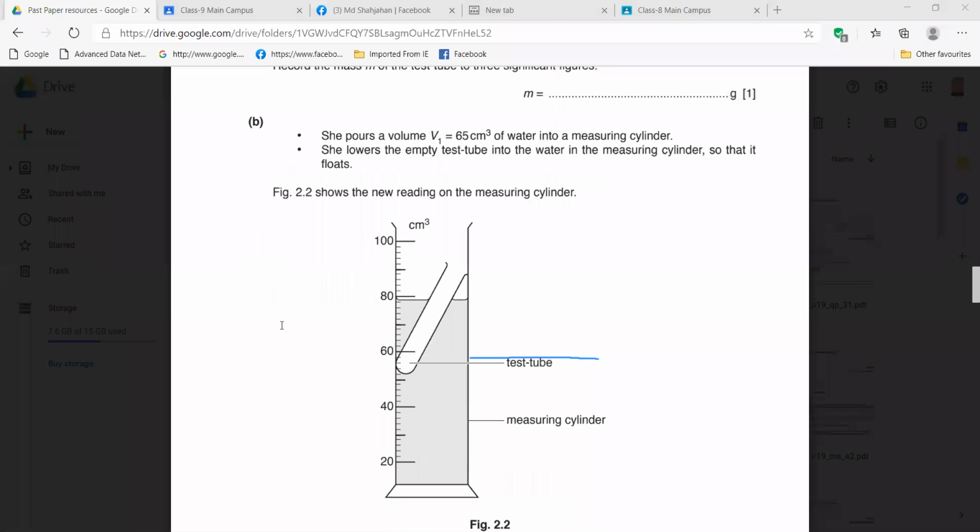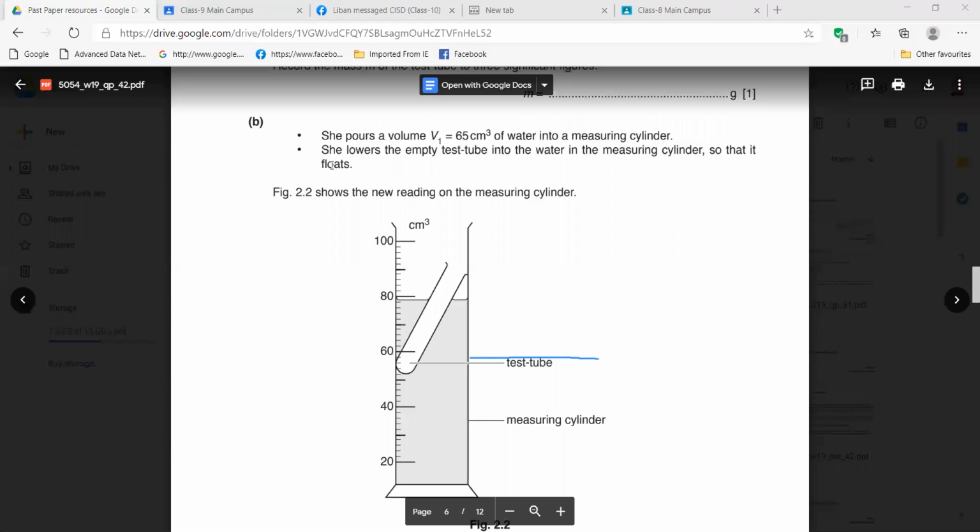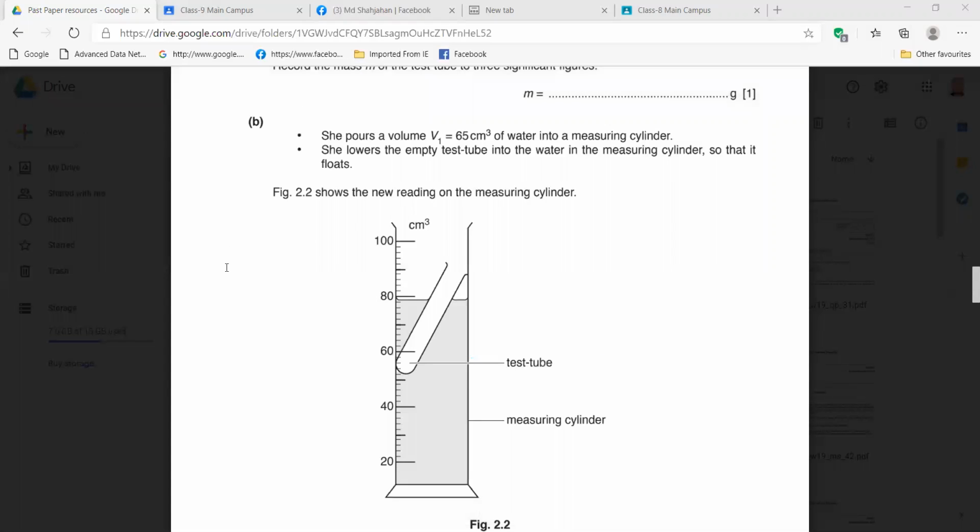Part B. Adnan Rahim, you read this part B. She pours a volume V1, 65 centimeter cube, of water into a measuring cylinder. She lowers the empty test tube into the water in the measuring cylinder so that it floats.